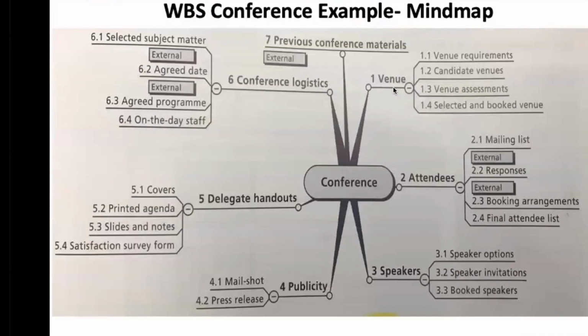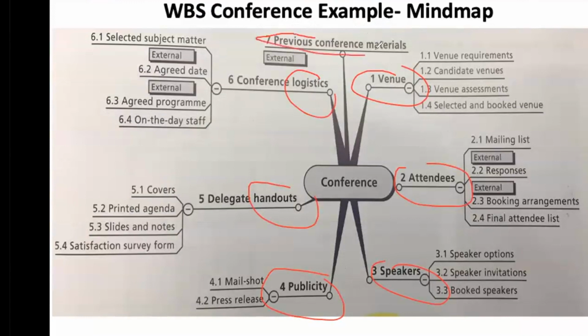I use this a lot. So same thing: venue, attendee, speaker, publicity, handout, logistics. And of course, lessons learned, right? Previous conference materials. I love this. I always want to say this. Previous conference, previous classroom, furnishing classroom, previous courses, previous whatever, right? Everything. This is a mind map.